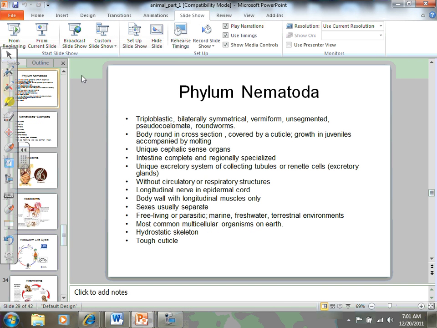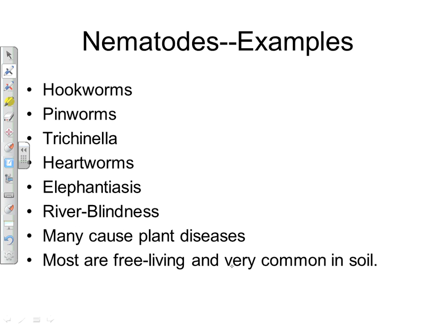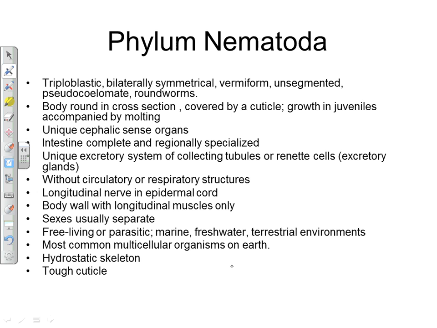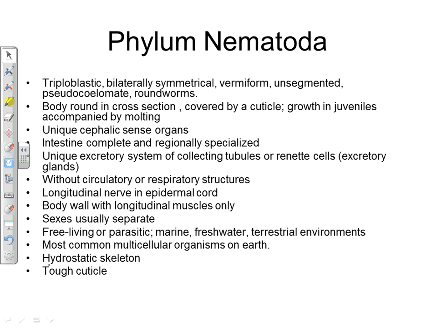Just some reminders about nematodes. First of all, like we said, they're roundworms. They are by far the most common multicellular organism on Earth. So there's a lot of them. In a shovel full of dirt, there are thousands and thousands, maybe millions, of roundworms.